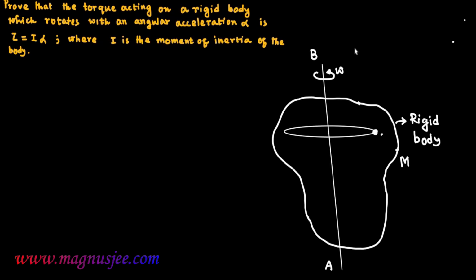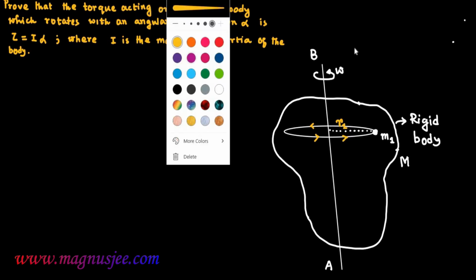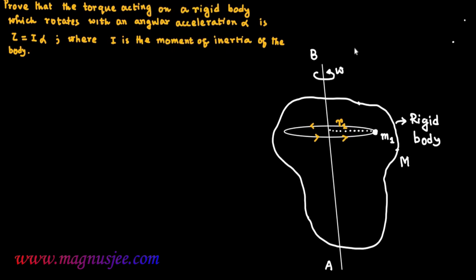If we consider the first constituent particle of mass M1, which is at a distance R1 from the axis of rotation, R1 is also the radius of the circular orbit in which the first particle revolves around the axis of rotation.